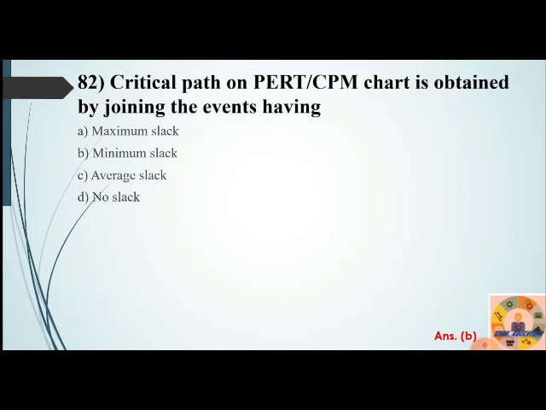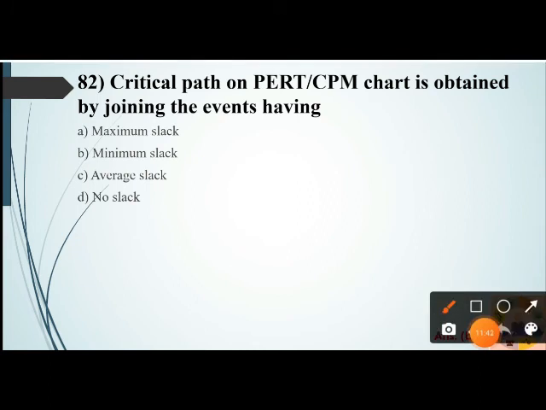Next question is, the critical path on PERT or CPM chart is obtained by joining the events having maximum slack, minimum slack, average slack, or no slack. So, the right answer for this question will be option B, minimum slack.